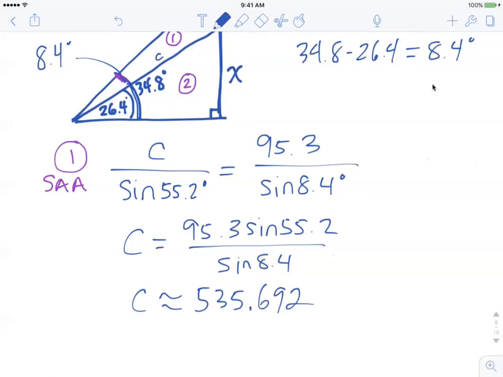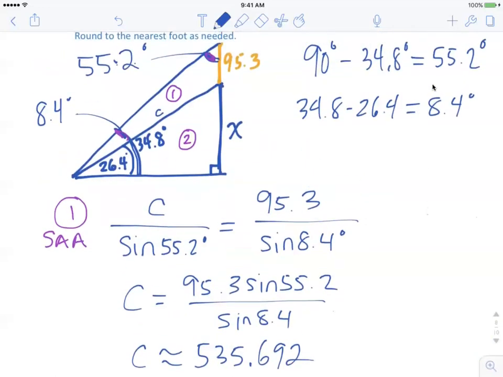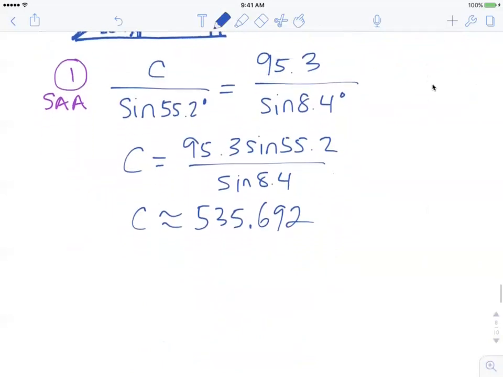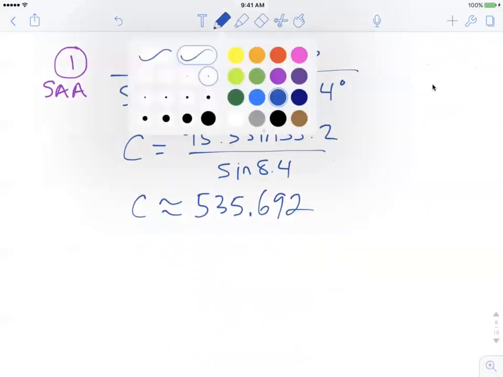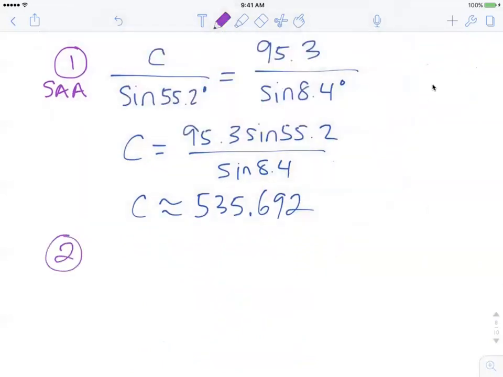Okay, now we're going to jump to triangle 2. Triangle 2 is a right triangle, and I know the hypotenuse, and I'm trying to find the opposite. So that's sine, because we have opposite and hypotenuse, going back to the first half of this class.